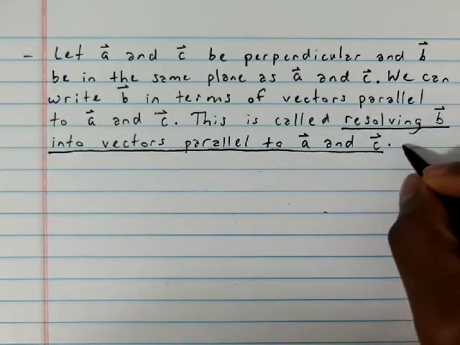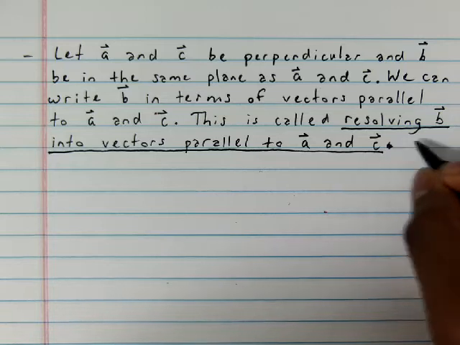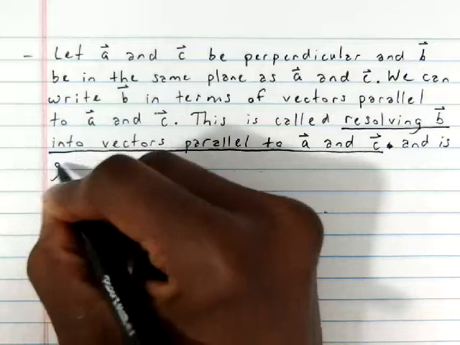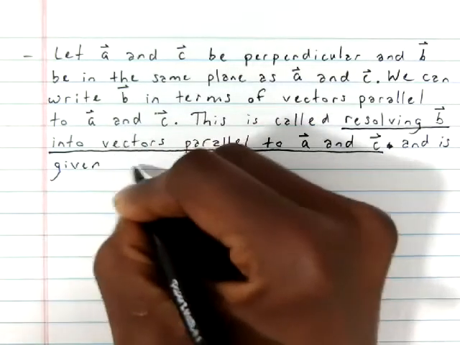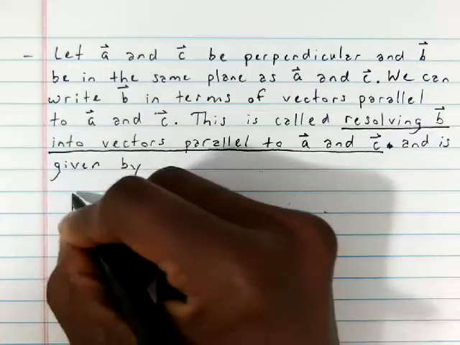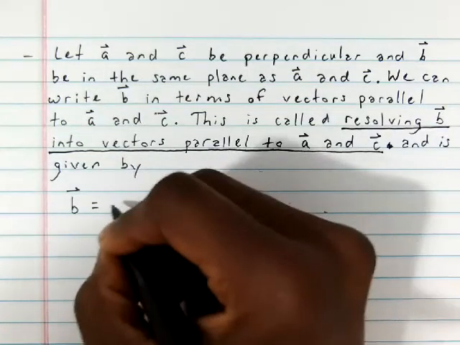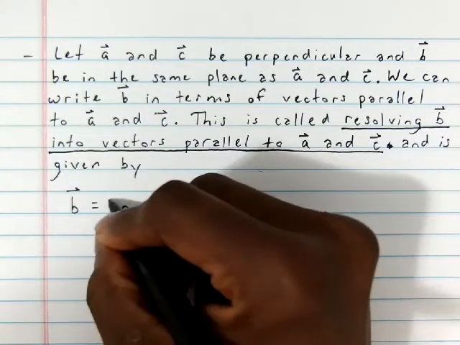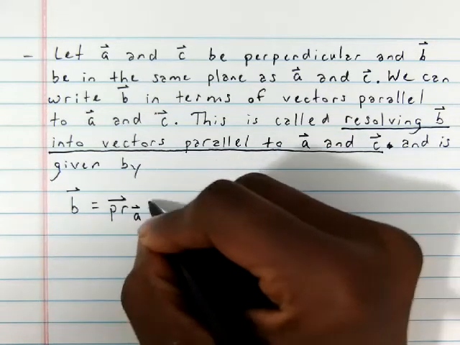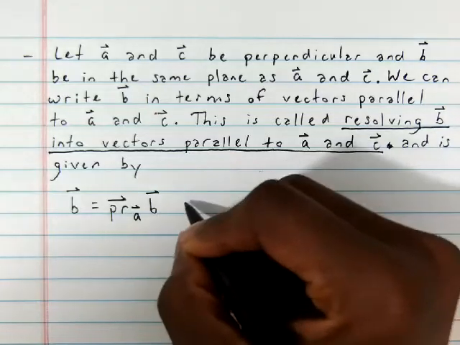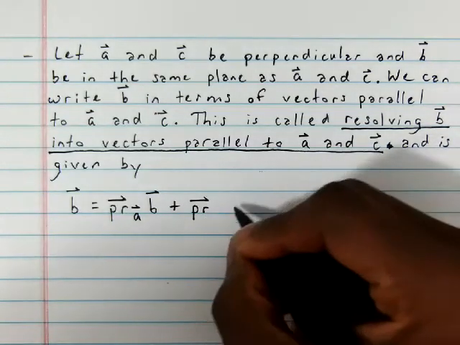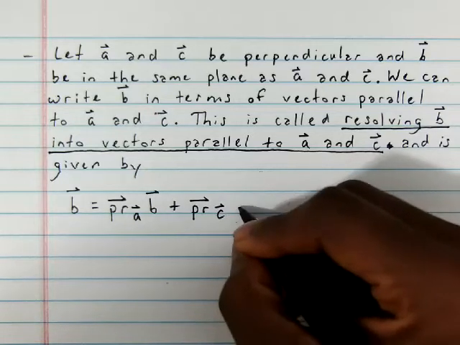This is given by b equals the projection of b onto a plus the projection of b onto c.